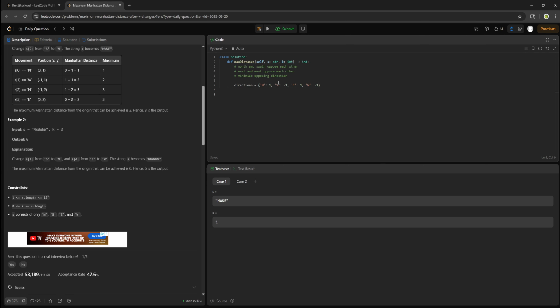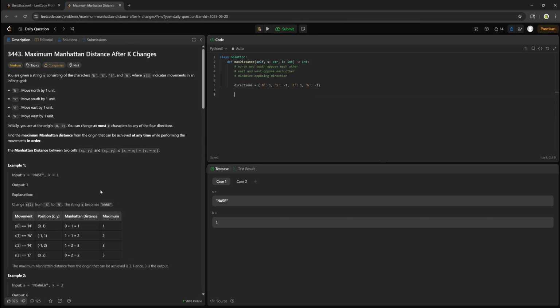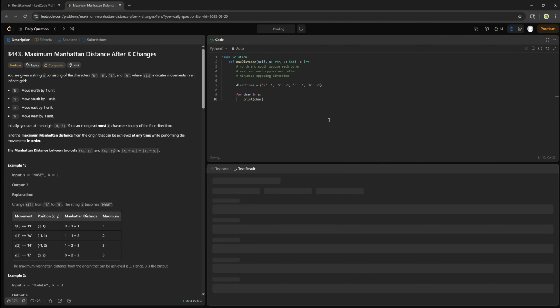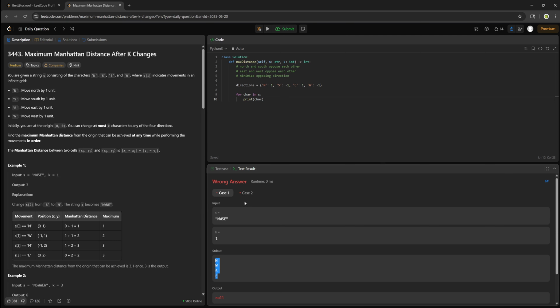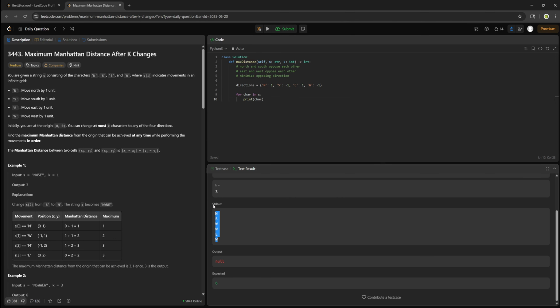And then I also would think we would need to split the string into, or maybe we could just do 4 chars. Let me see if we can do that. If we can just do a for each loop for the string. We can.